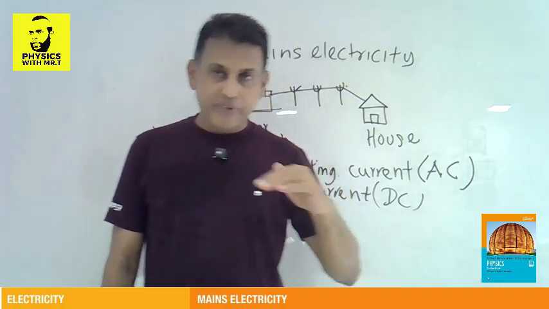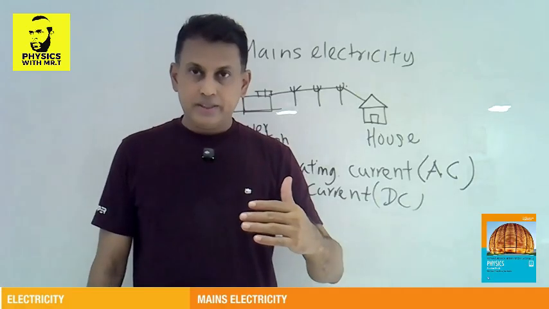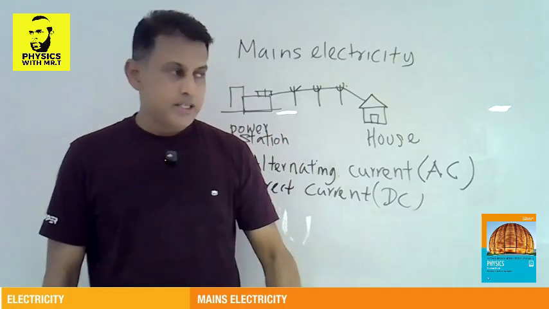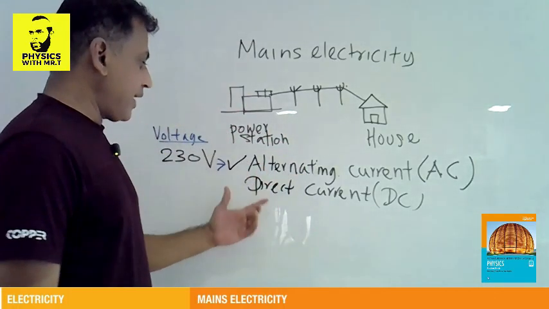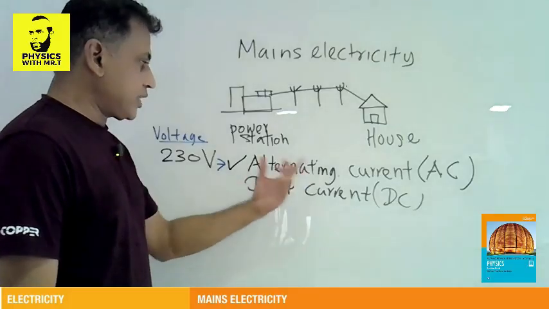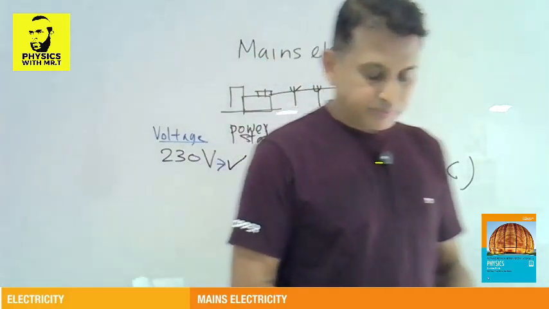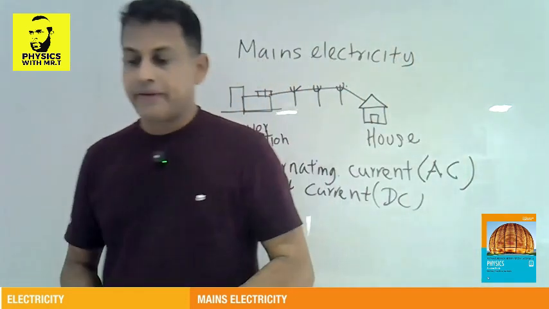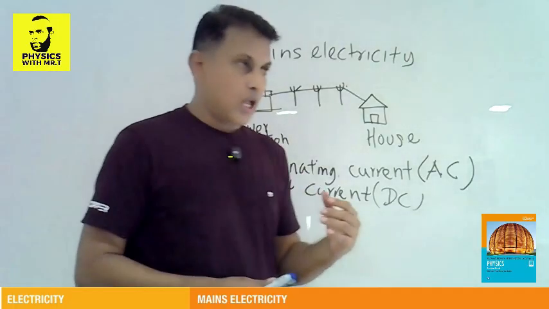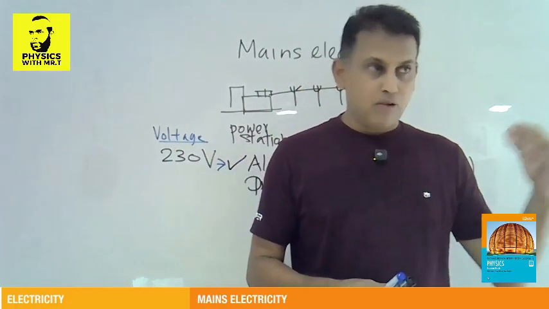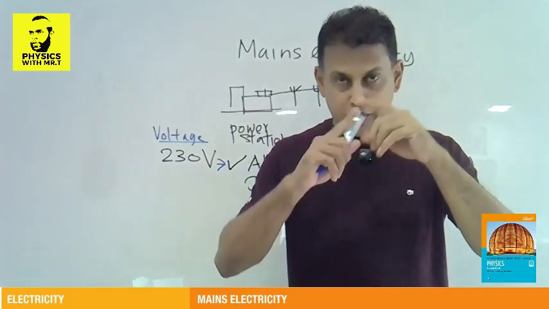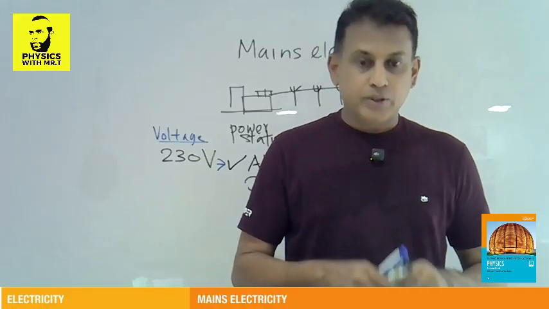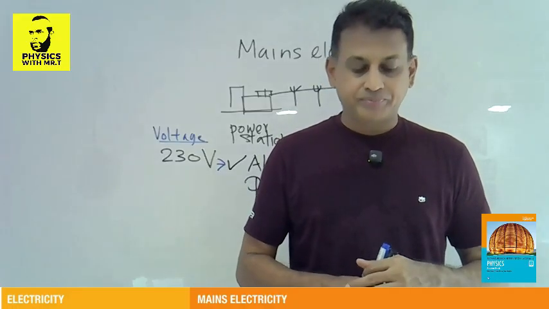So that's a very important thing to consider, the danger and safety of mains electricity, right? So we get alternating current from the system. Then we're going to see how this electricity comes from the power station and how we distribute it in the house. Let's move into the next part.